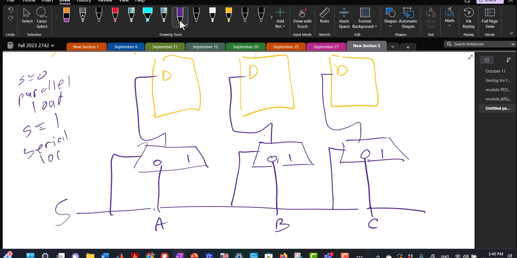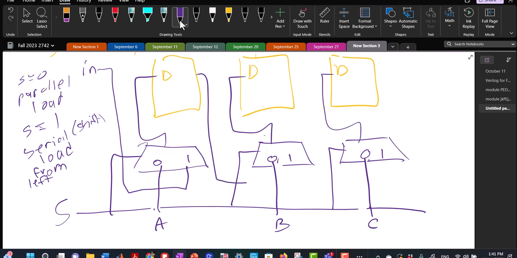And if I had S equals 1, serial load from the left, we would call this a shift because we're going to be moving things along. I'd have n, some variable, go into the multiplexer from the left, and then the output from D1 is going to go to the next one, and the output from that one is going to go to the next one.